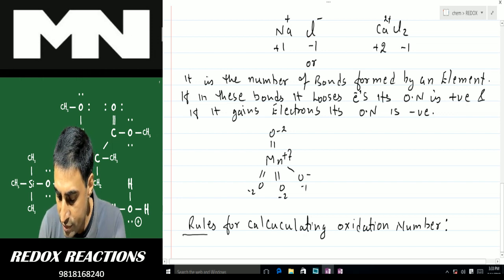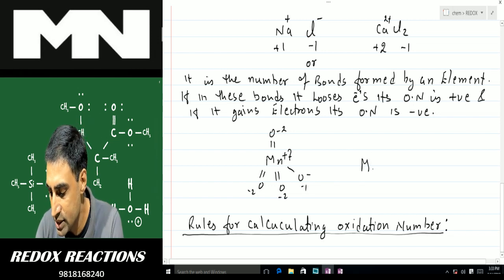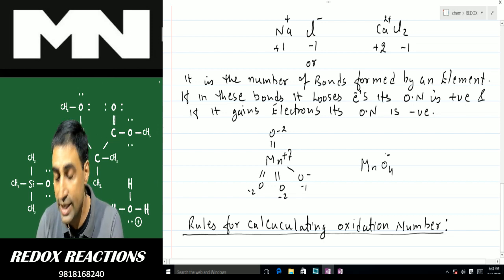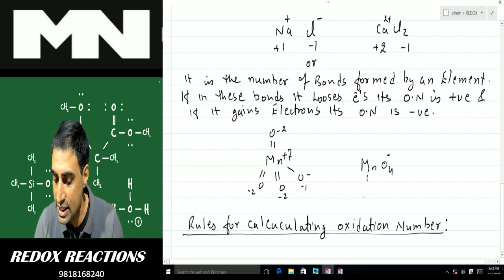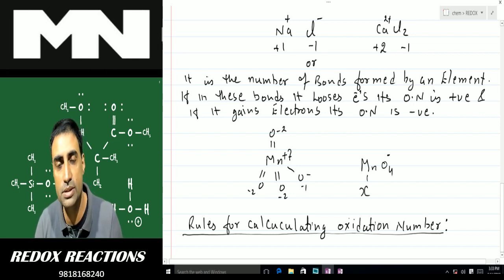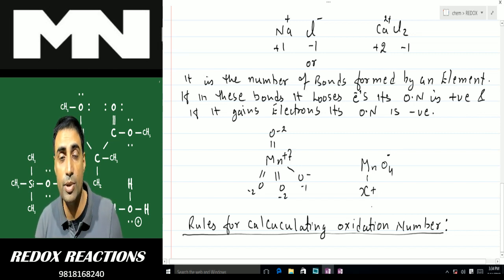Well, before starting with the rules, I will give you one example. Suppose I am taking the same ion, MnO4 single negative. I need to calculate the oxidation number of manganese. So the element whose oxidation number is to be calculated is assigned an oxidation number X, which I don't know, plus the oxidation number of the rest of the elements attached to this atom.